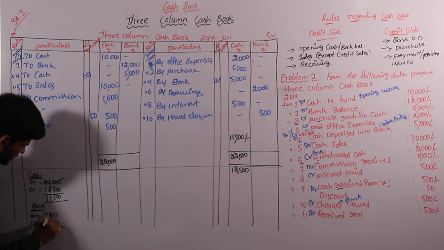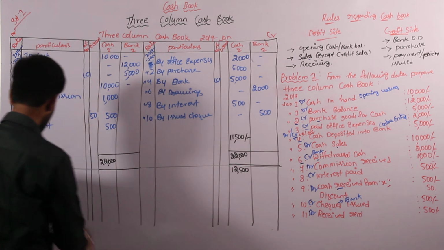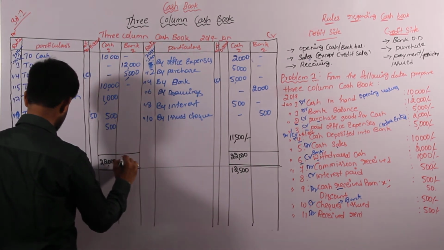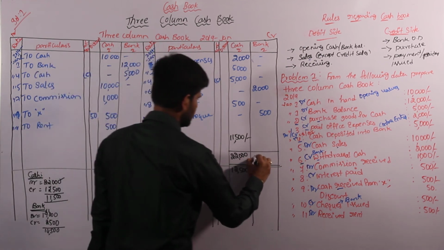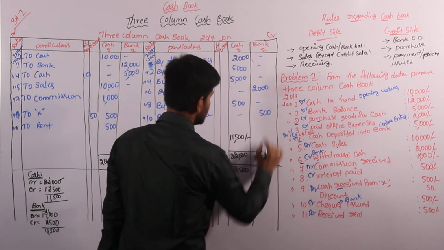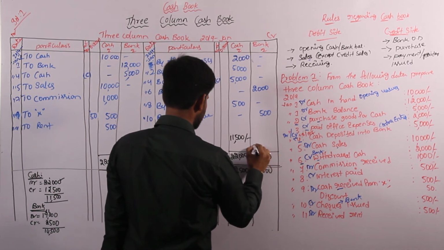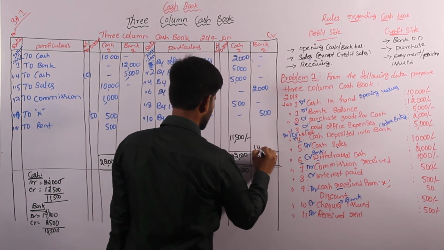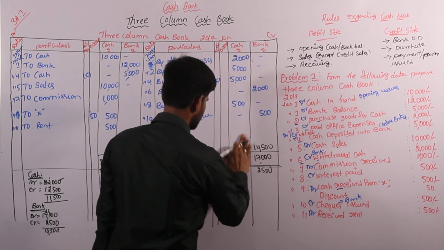Here we have to take 1, 10 minus 5, 5, here we have 6, 6 minus 2, 4, 1, 14,500 we have here. So the excess value is on the debit side. You have to write this excess value, 17,000, here also 17,000. The least value is 2,500, and the balance is 14,500. Again we have to check this value.